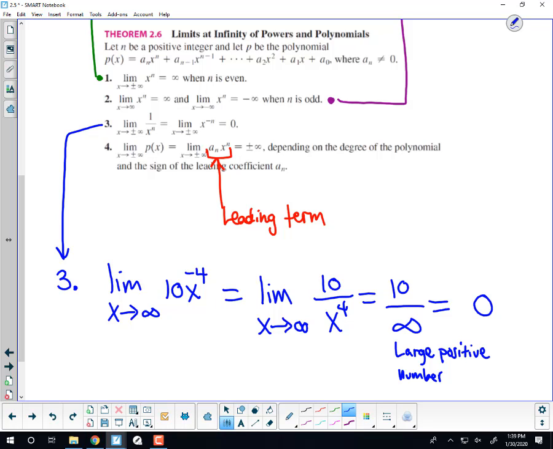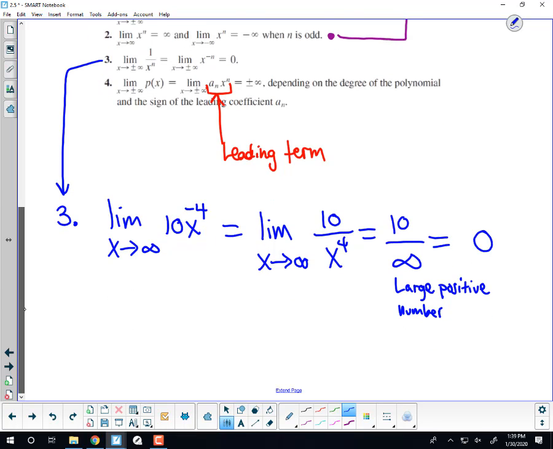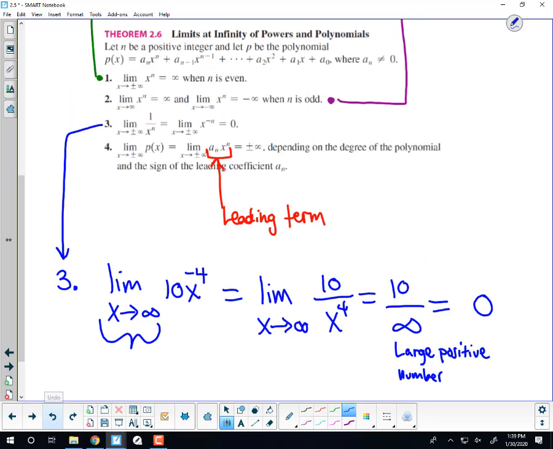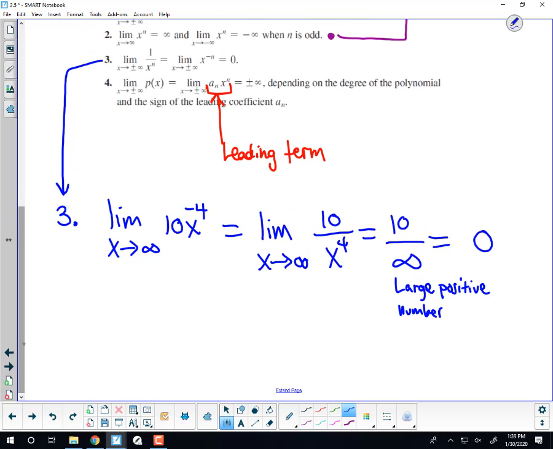What do limits at infinity always tell us? End behavior. So again, we've got to get in the mindset that if we see limits at infinity, whether positive or negative, we're thinking about those as end behavior. That's the same exact question as asking what is the end behavior.